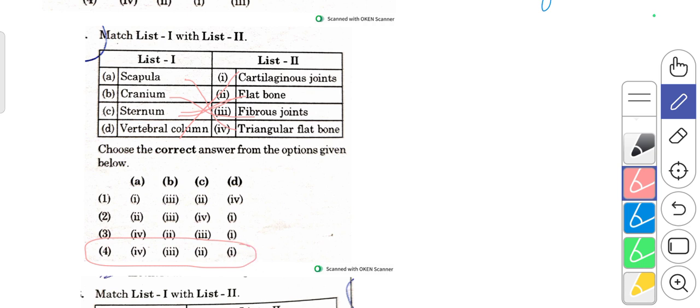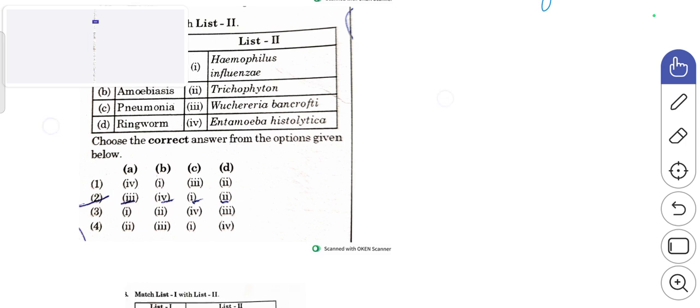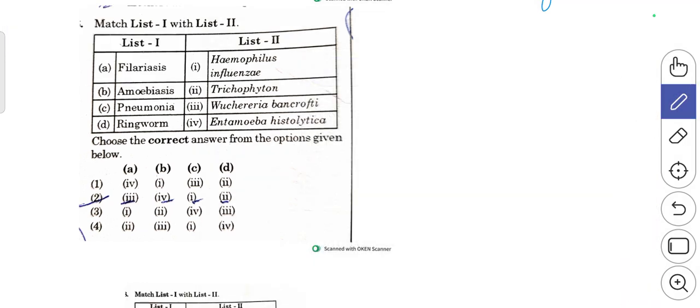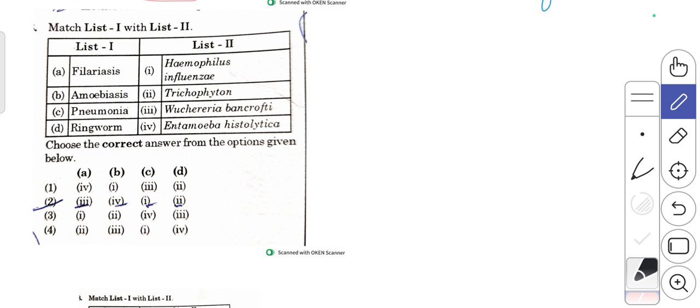So next one. The next one will be regarding the chapter Human Health and Disease. Filariasis is mainly caused by the causative agent Wuchereria bancrofti. This Wuchereria bancrofti causes the disease filariasis.